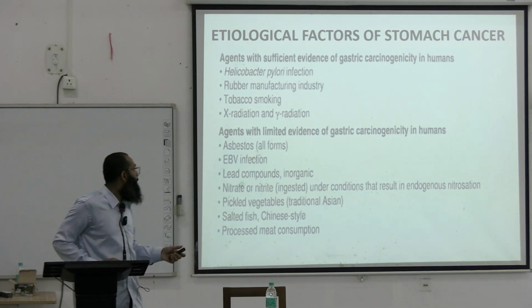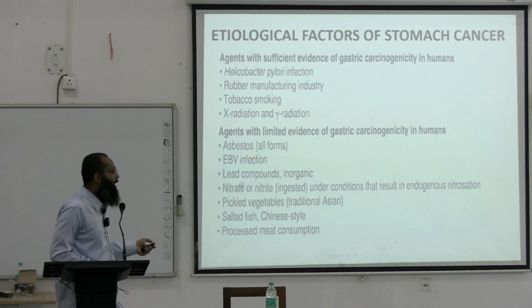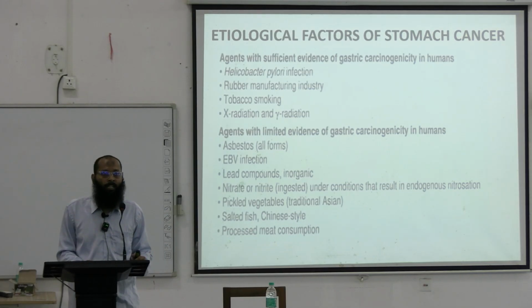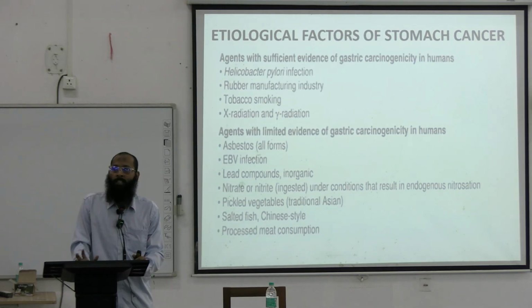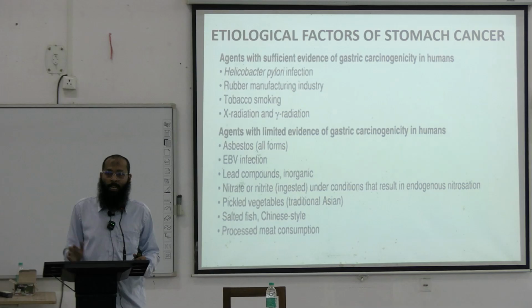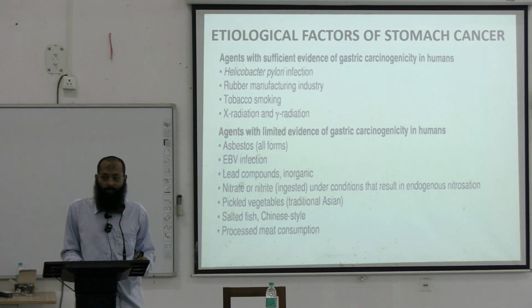The next is gamma radiation. When a person gets exposed to gamma radiation, gamma rays are produced by which elements? Radioactive elements.